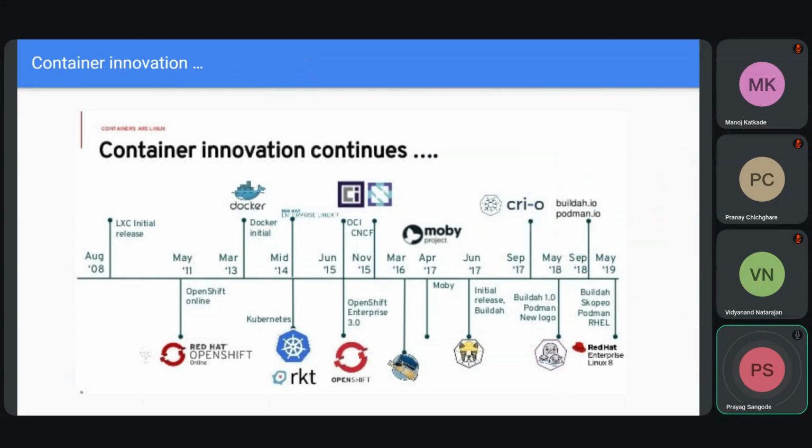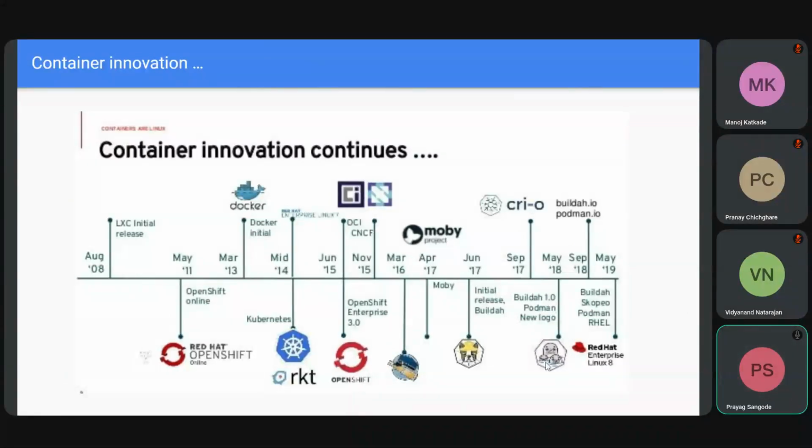Let's go back to the history of containers. The LXC release was in 2008, then OpenShift came, then Rocket, Docker, and nowadays, at the end, we can see Buildah and Podman.